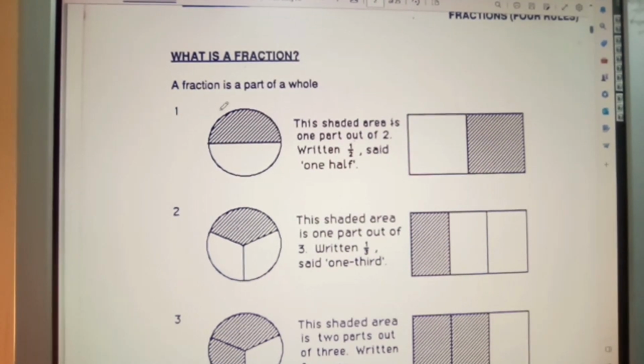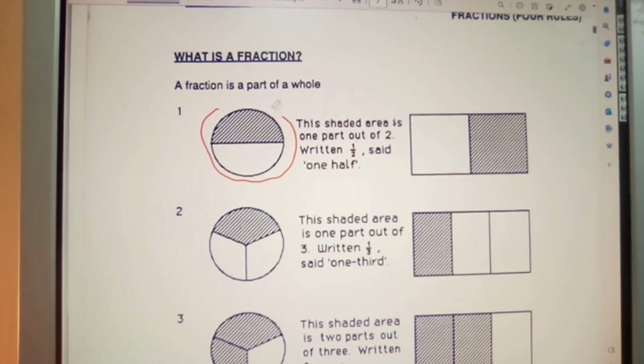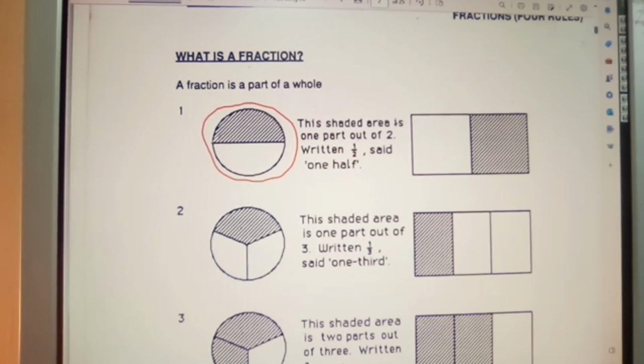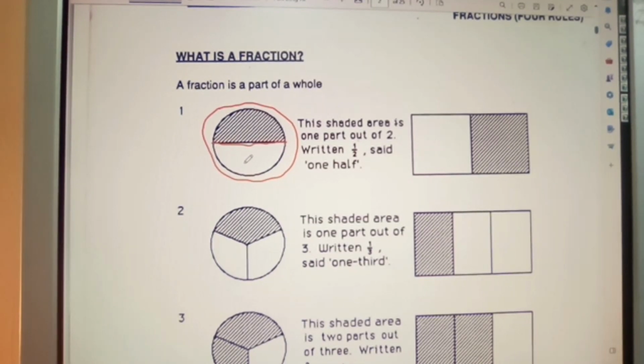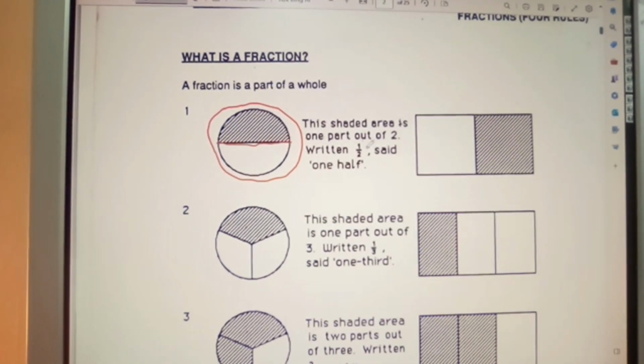Okay, so we can call this an orange, okay? We can take this as an orange, okay? Right, and we just cut our orange in half here, okay? And that's all. So we have 1/2, 2 halves, okay? So this shaded area is 1 part out of 2, written as 1/2.